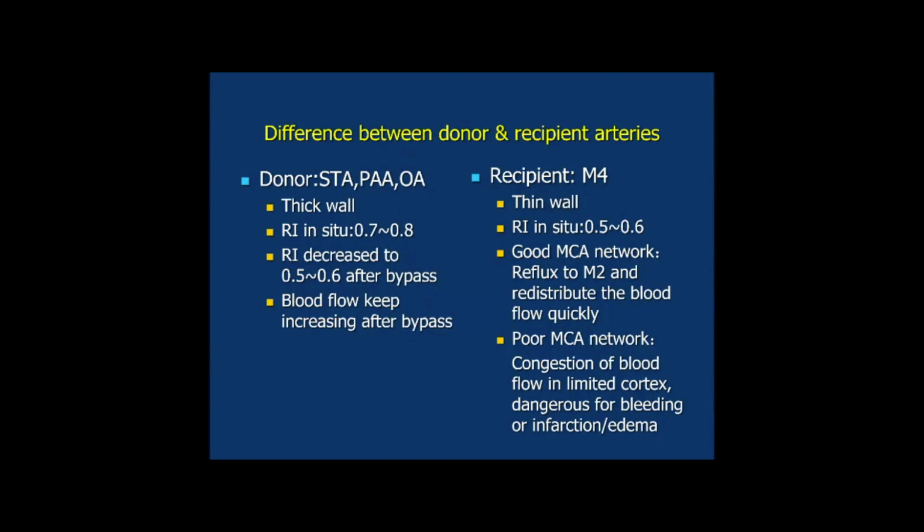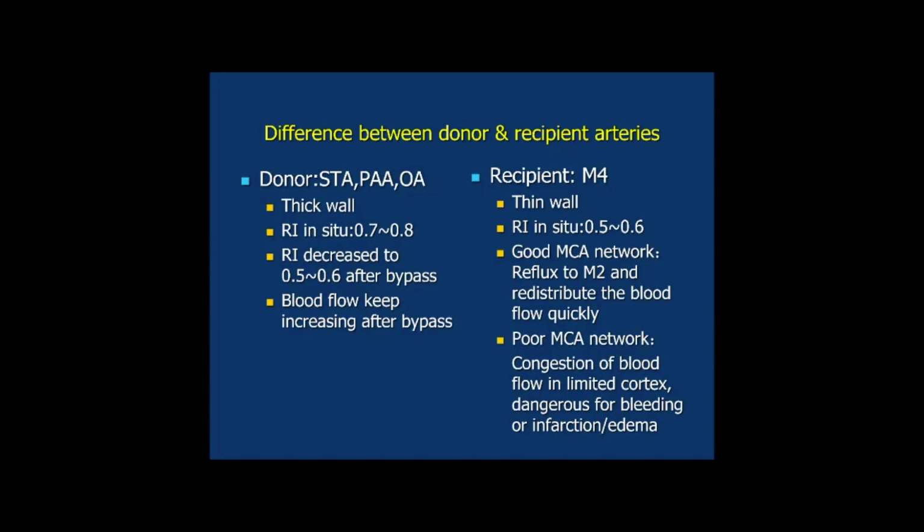The blood flow keeps increasing after bypass. Normally in 2 weeks, they can reach the peak. Normally, the recipient artery is the M4 segment. They are thin-walled, and the recipient resistance index is normally 0.5 to 0.6.